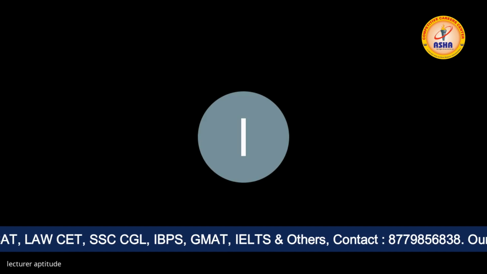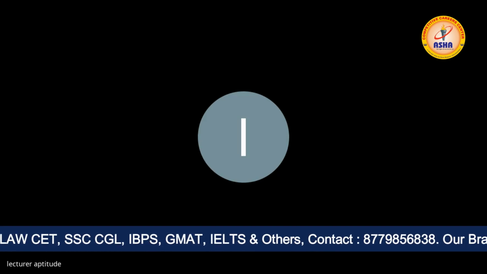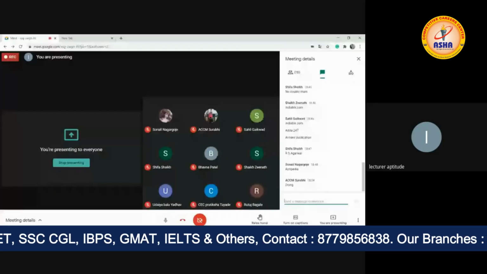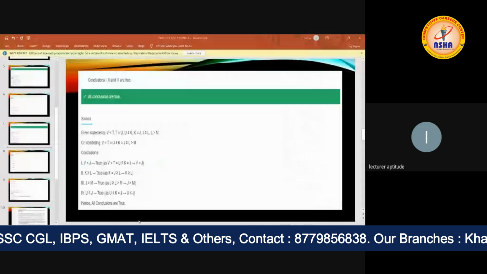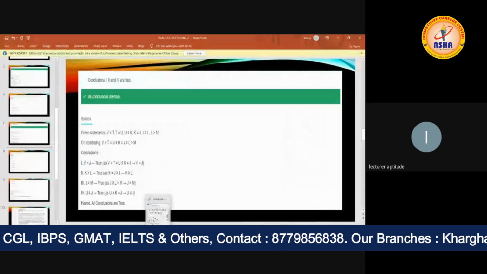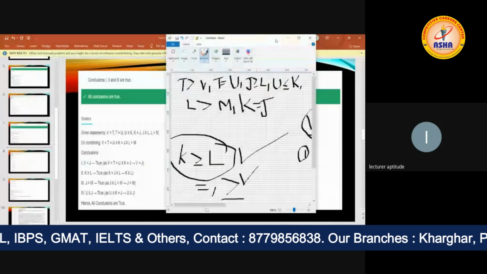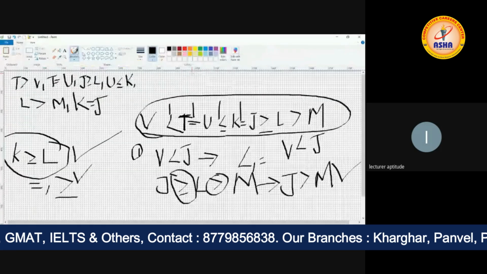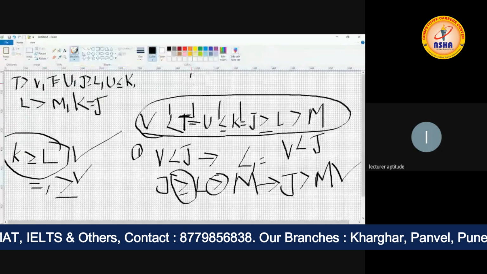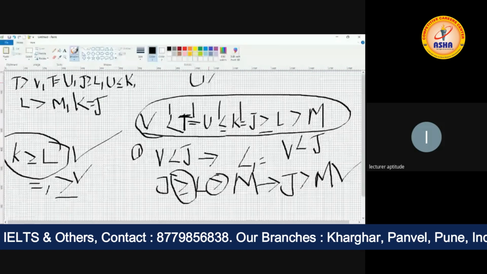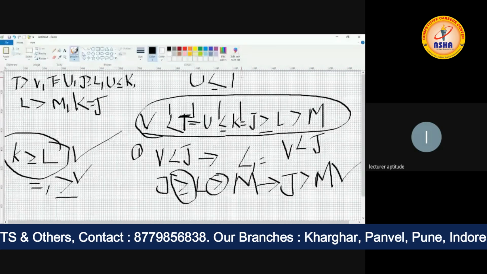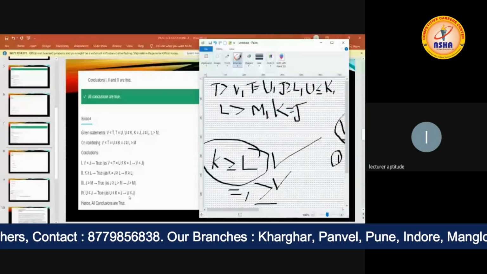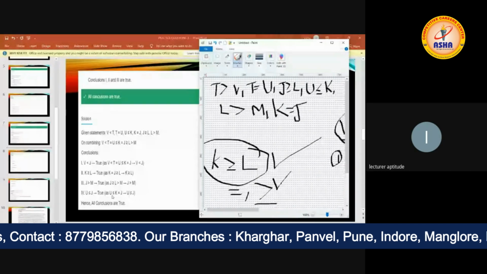What about U is less than or equal to J? Here you can say that U is less than or equal to K is equal to J. So this is the relation here. So it is also true.